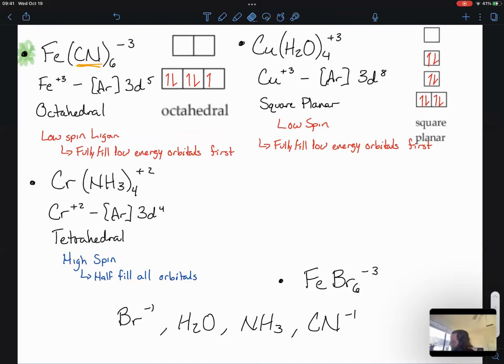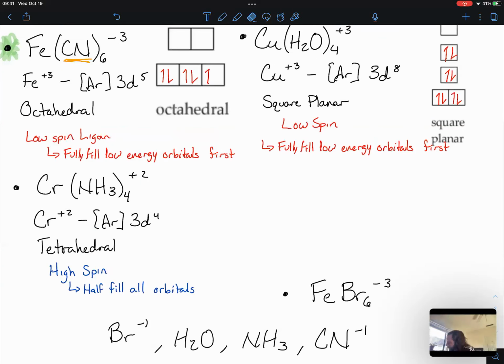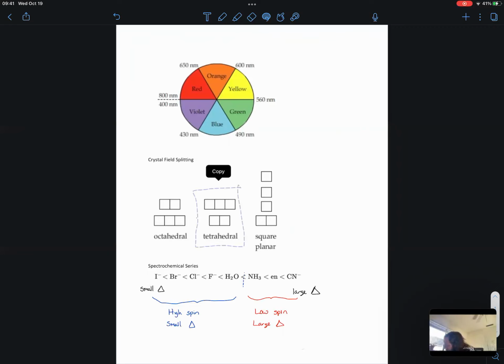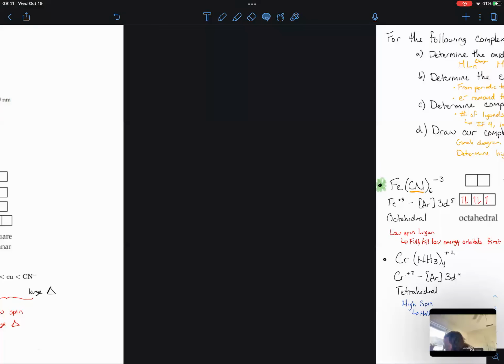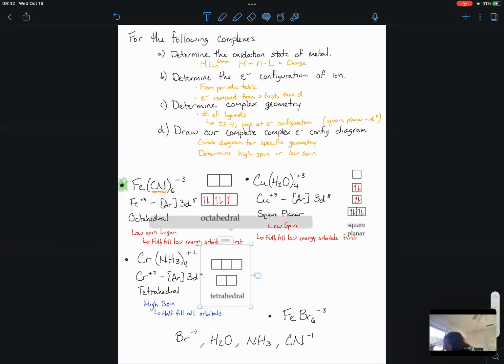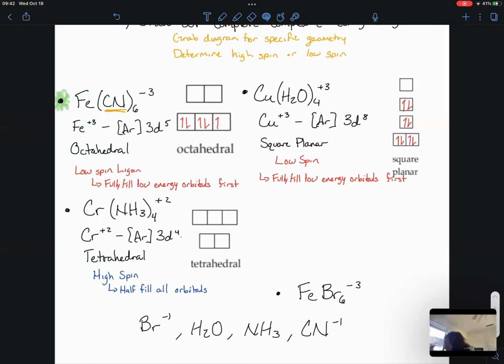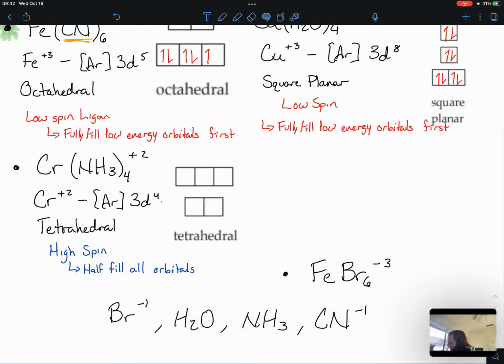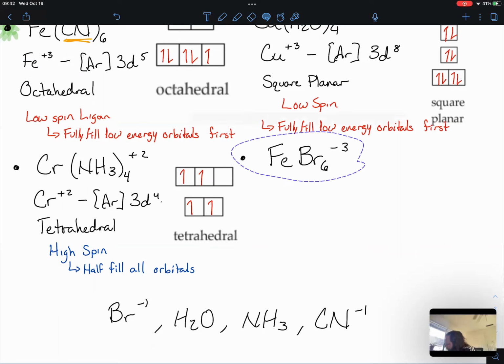So if I grab my tetrahedral diagram, I'm going to fill it in this high spin manner, where I go through and half fill all of these orbitals before going back and doubling up. So that would be 1, 2, 3, 4. And that'd be it. That's my electron configuration for this tetrahedral complex, the tetraamine chromium(II).